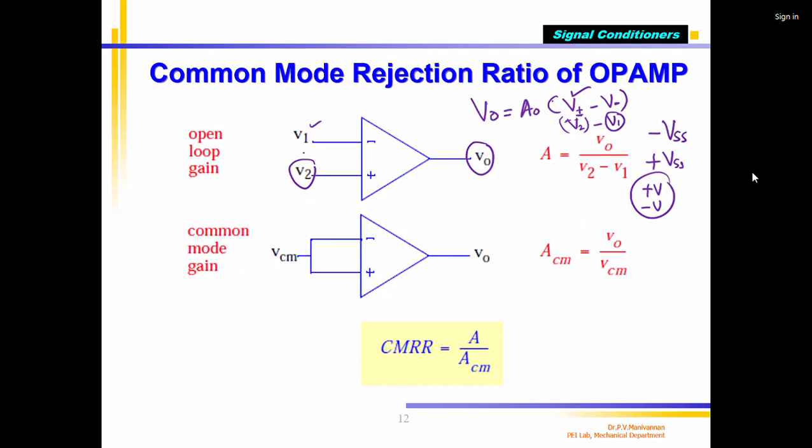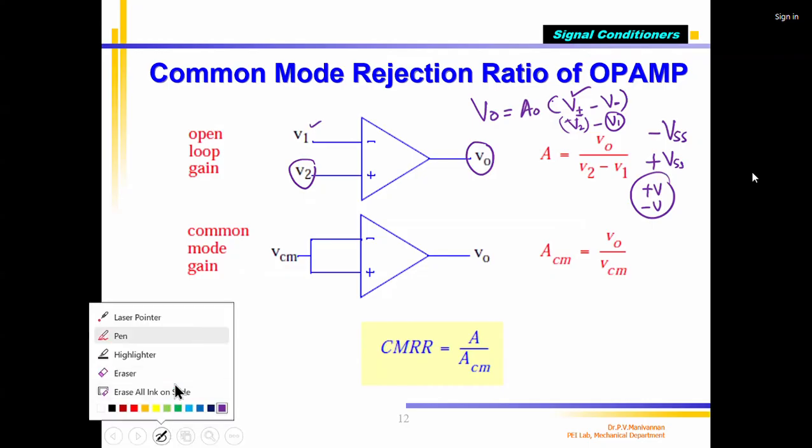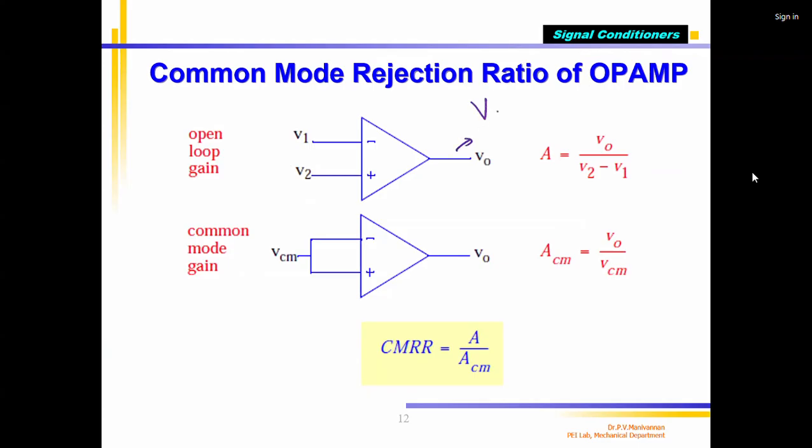So now the output voltage V0 for any op-amp is A0L times V plus minus V minus, which can be represented as A0L times V2 minus V1. Now what it means: take V1, for example. I am giving a voltage of 1 volt. I am giving another power supply of 2 volts.